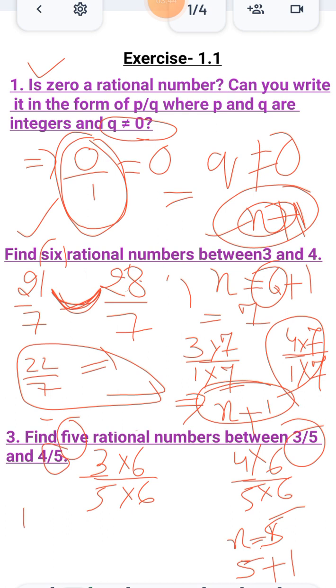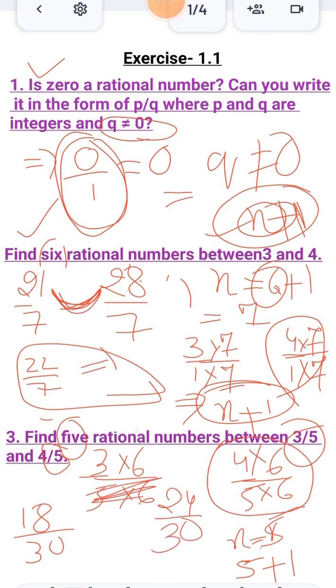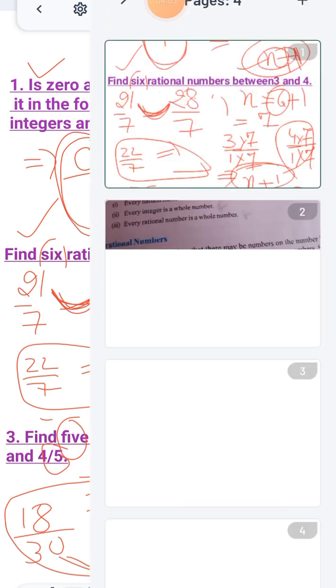It will be 18 by 30 and 24 by 30. Now, how many numbers are there between 18 and 24? There are 5 rational numbers: 19 by 30, 20 by 30, 21 by 30, 22 by 30, and 23 by 30.